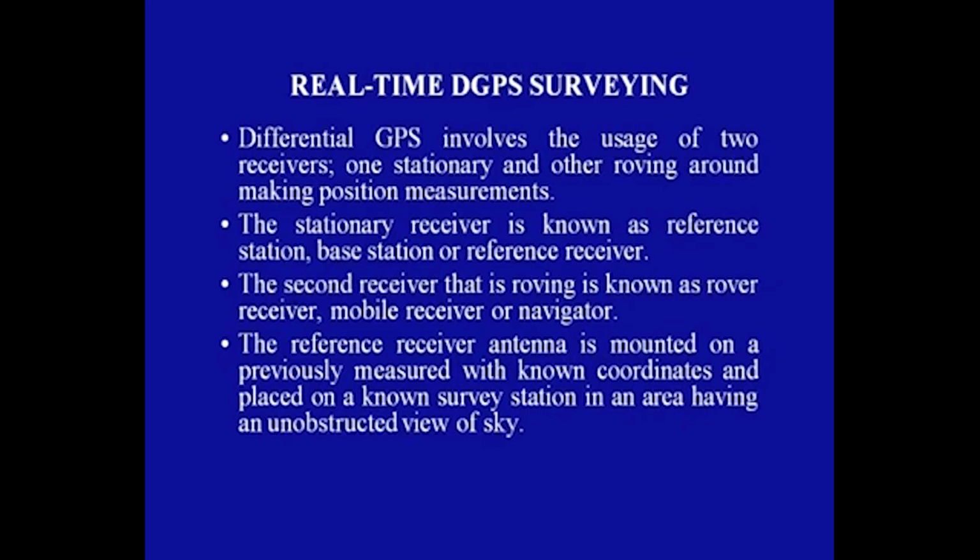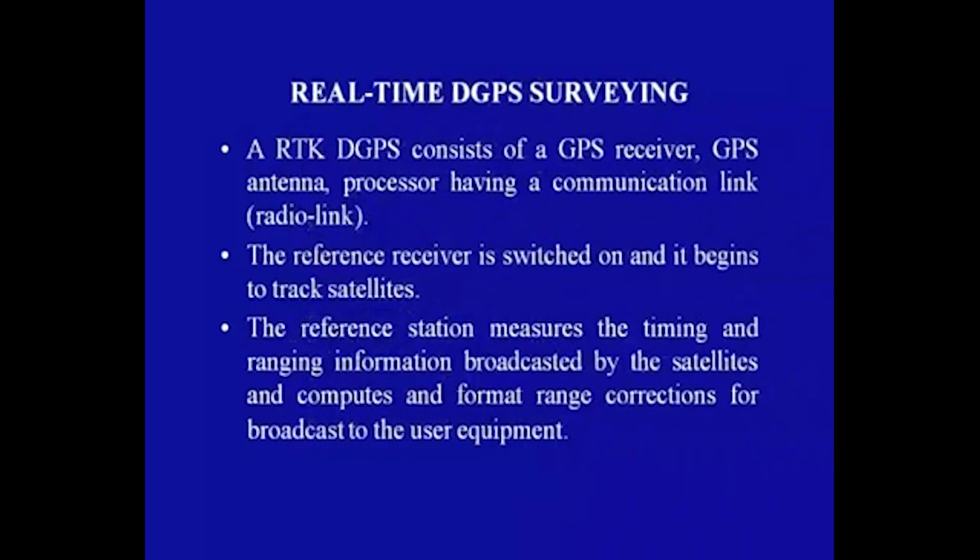The reference receiver antenna is mounted on a previously measured station with known coordinates, in an area having an unobstructed view of the sky. An RTK DGPS consists of a GPS receiver, GPS antenna, and a processor having a communication link, that is a radio link, between the two receivers. The reference receiver is switched on and it begins to track satellites.